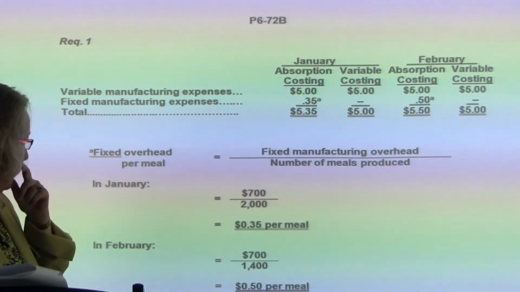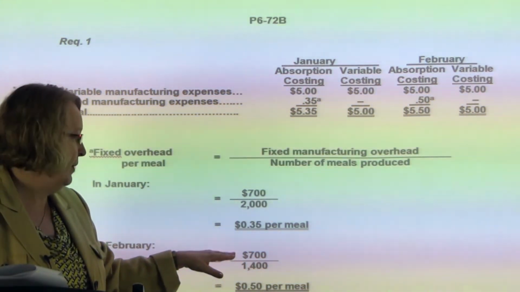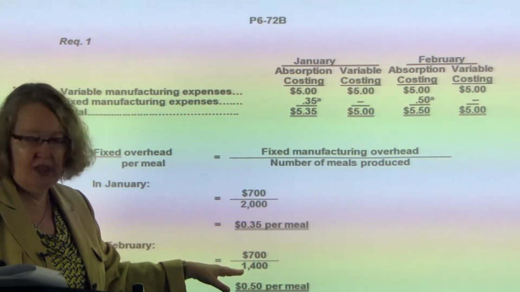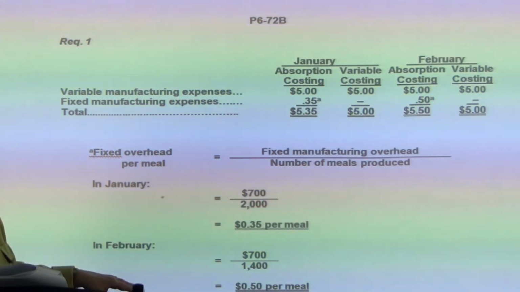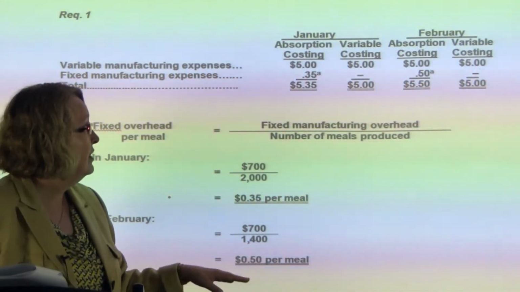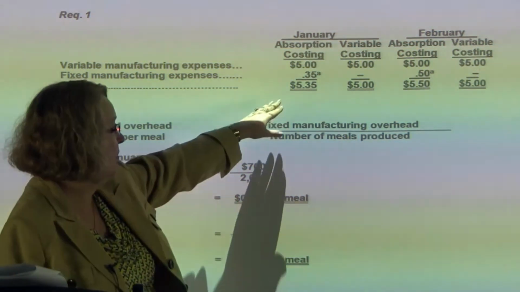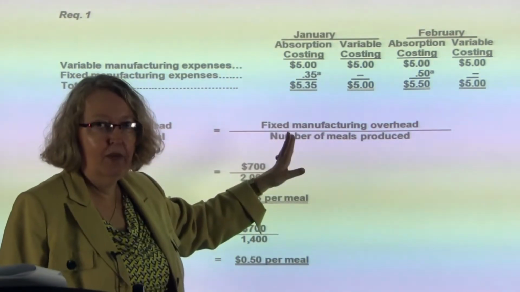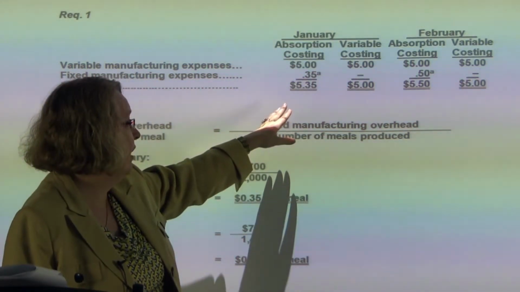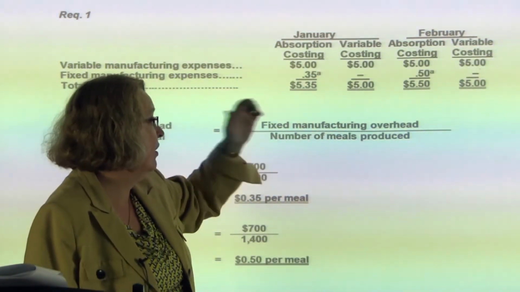In February, again, your overhead is still $700 a month, but now you're producing 1,400 units, so the cost is 50 cents per meal. So under absorption costing for January, the cost per meal, including both your variable and your fixed cost, is $5.35. Under variable, it's just, of course, your variable cost, $5.